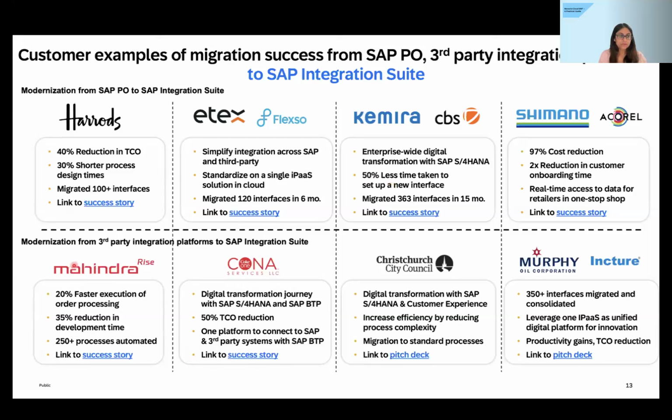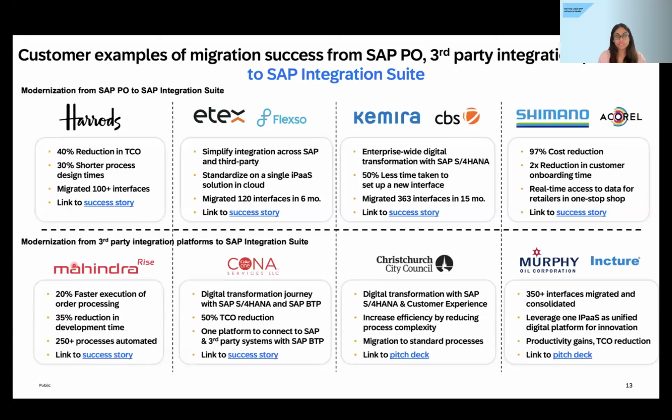Mahindra, on the other hand, also consolidated the landscape. As you know, Mahindra has their footprint in the automotive industry, headquartered in Mumbai. They also have a footprint in agriculture as well as the high-tech industry. And there was a need to really modernize their processes, connect their processes, and also do a lot of process automation.